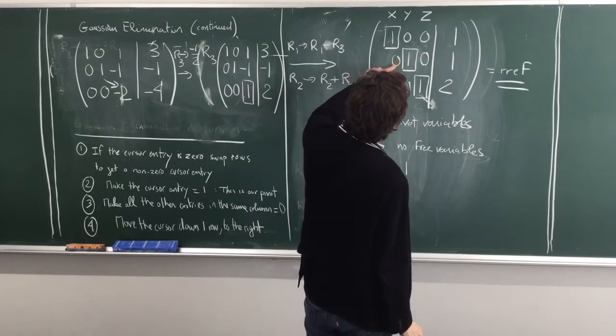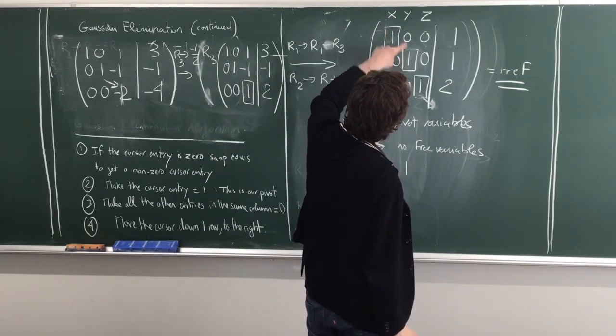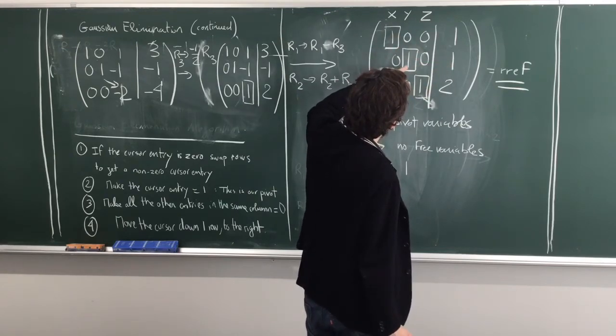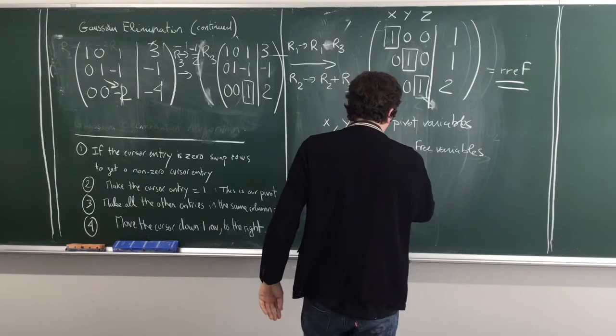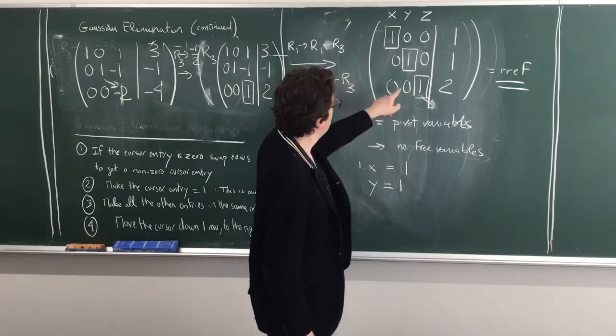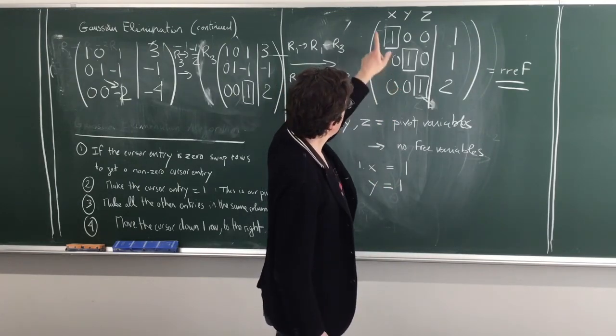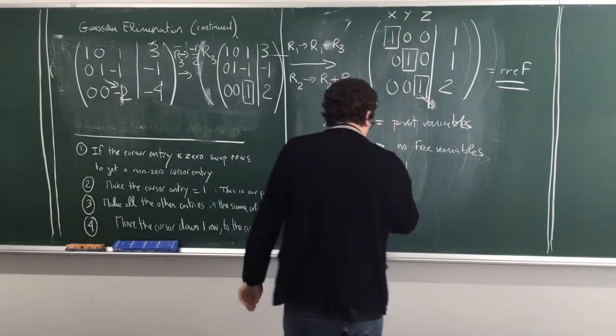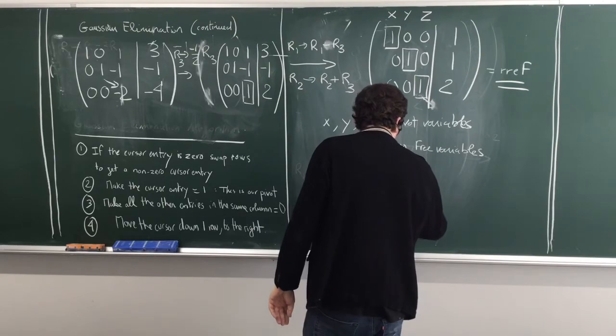Second, 0 times x plus 1 times y plus 0 times z equal 1. Therefore, I get the equation y equal 1. The last one, 0 times x plus 0 times y plus 1 times z equal 2. I get the equation z equal 2.